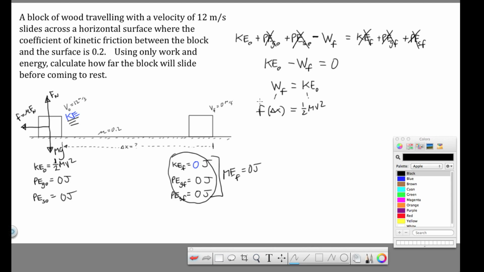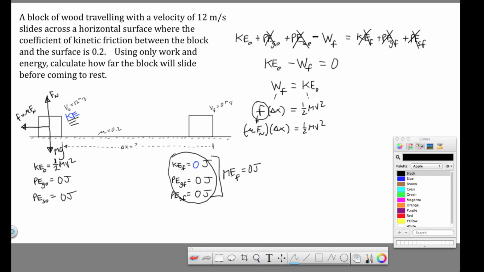Now, we have to plug in for friction. If you remember back to the chapter on forces, the equation for friction is mu times normal force. So friction is mu times normal force, and then bring down the delta x, and this is equal to 1/2 mv squared.